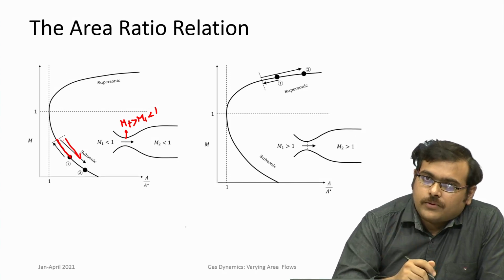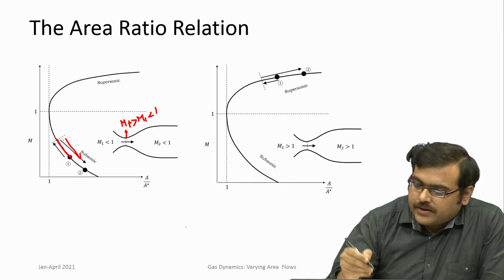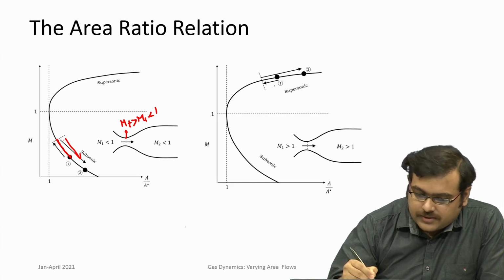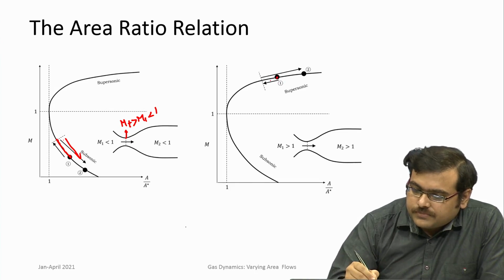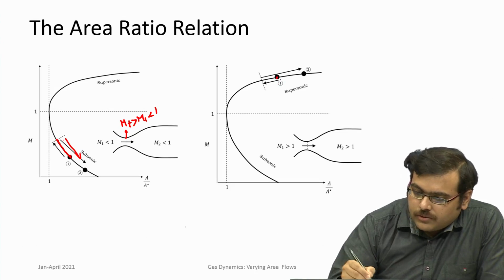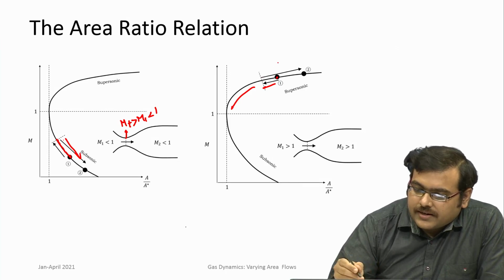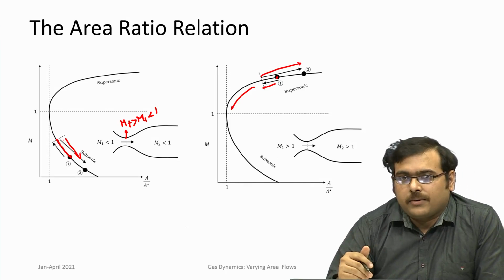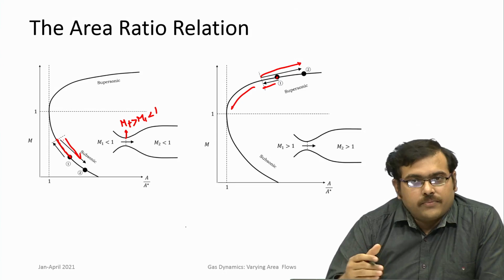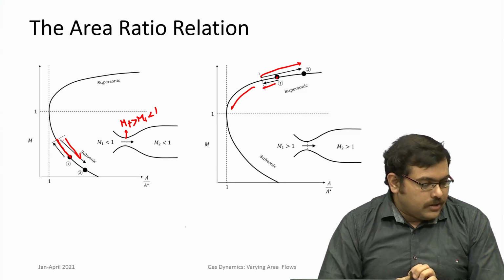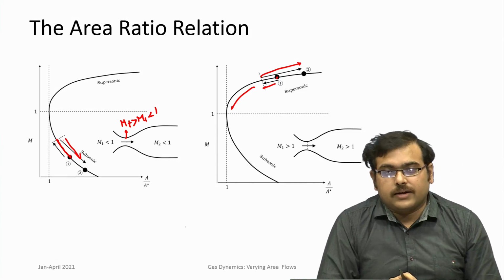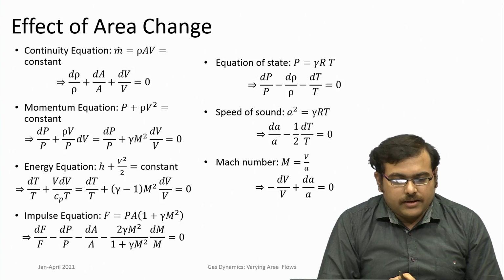Similarly in supersonic flows, in this case for example you started with the same duct, you start with a supersonic flow, convergent duct, Mach number decreases, but it does not decrease all the way to 1, and then the area is increased, you see it again increases the Mach number. So looking at varying area ducts you have to be careful and understand these concepts very carefully.